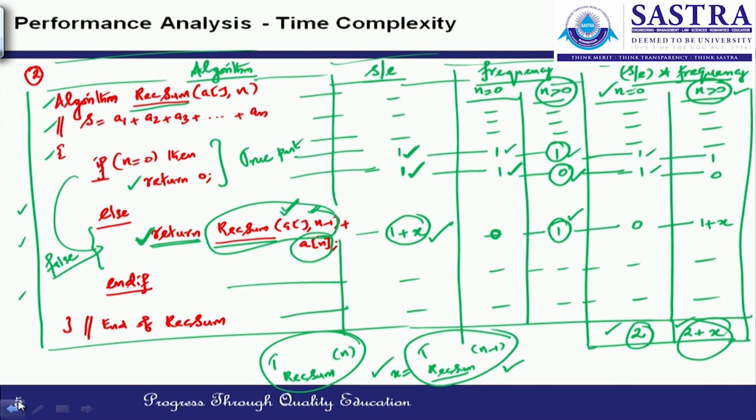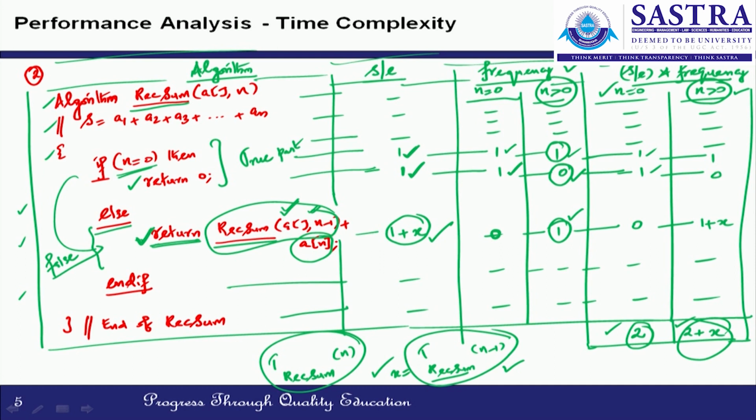So, if the algorithm involves a conditional part like this, if statements, if, conditional test, else, try to construct a table for the required conditions, say n is 0, n is greater than 0, n is less than 0, n is greater than 0. Likewise, the frequency column should be constructed.